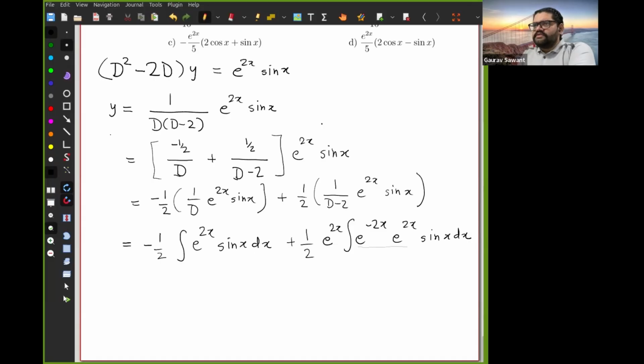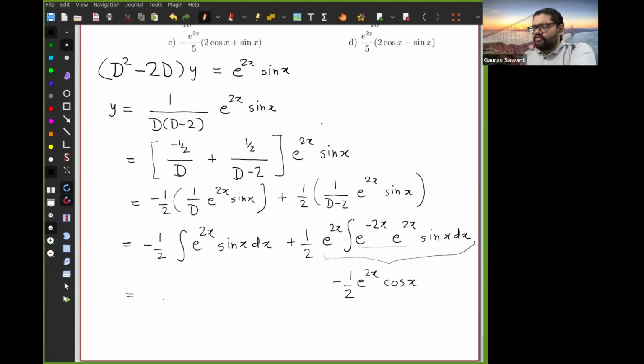So this part is going to give me minus e power 2x cos x. Actually there is a half also, so I will make this minus half e power 2x cos x. And this one is sort of an iterative integral, which I'm not going to evaluate right now, but I think you can evaluate it.